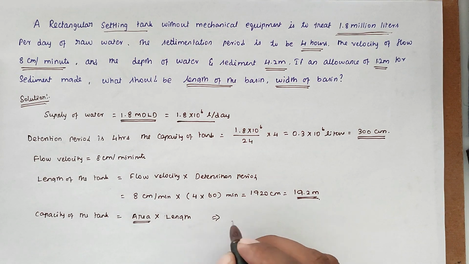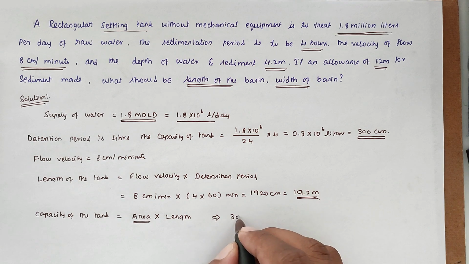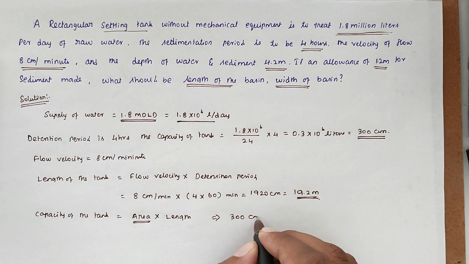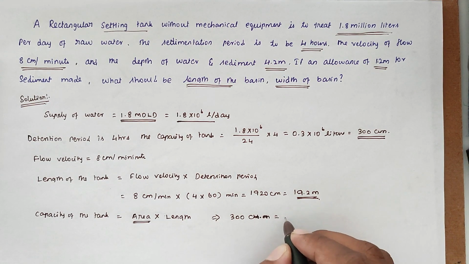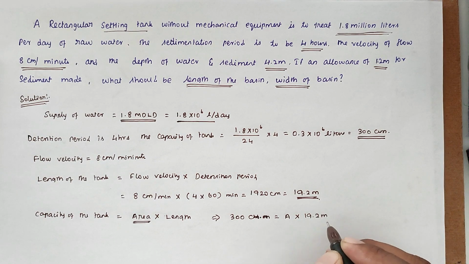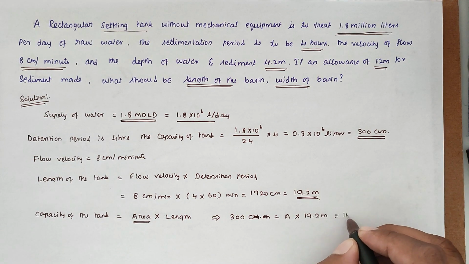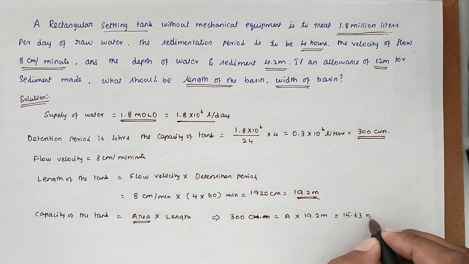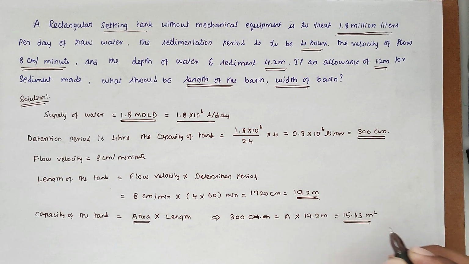The capacity of the tank is 300 cubic meter, equal to area, which we have to find, into length of the tank, 19.2. From that we get 15.63 meter square. So this is the area of the tank, and from that we can find out the width of the basin.